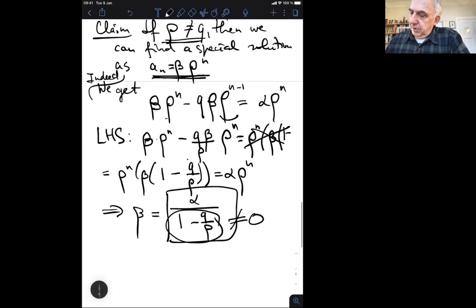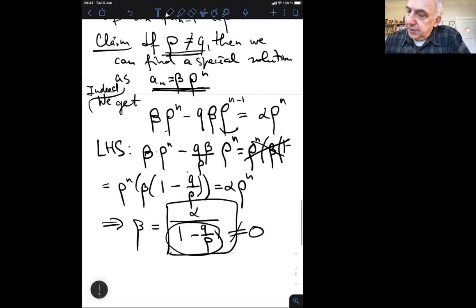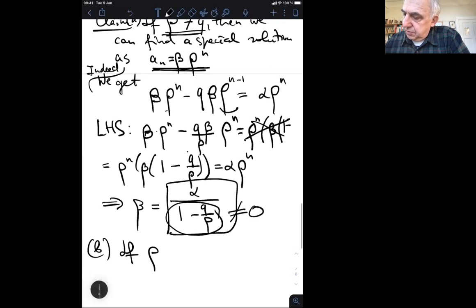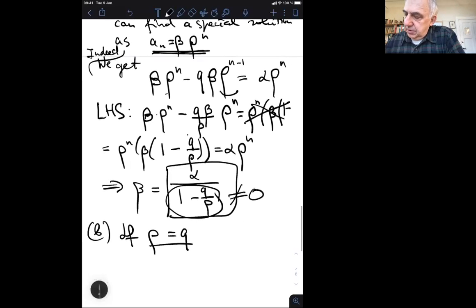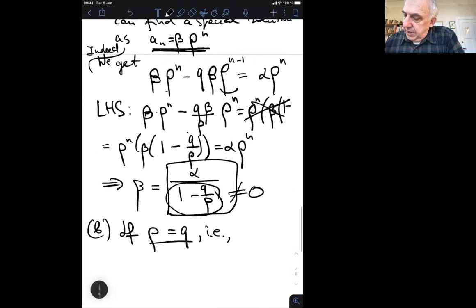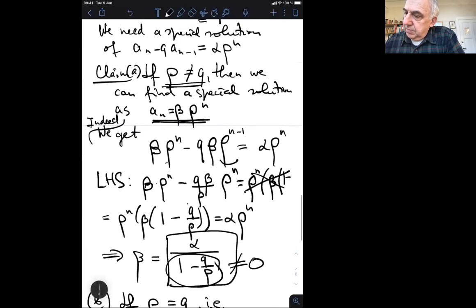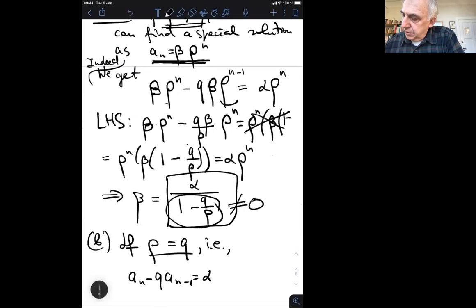Okay, so this was our first case A. Now, what happens if rho equals q? Then we're actually in trouble. In this situation, we have a n minus q a n minus 1 equals alpha q power n.